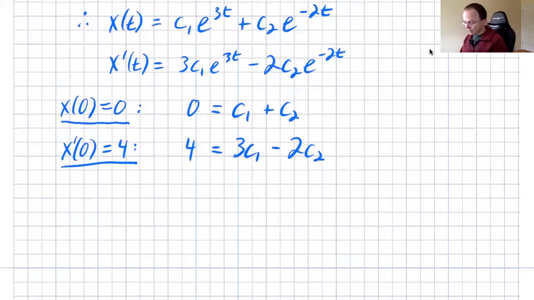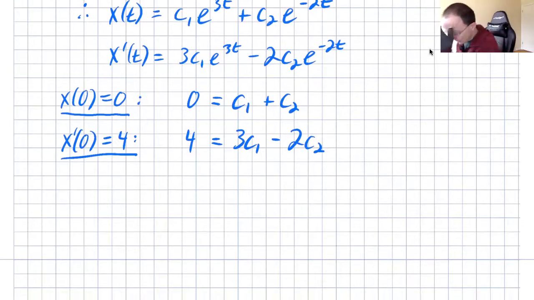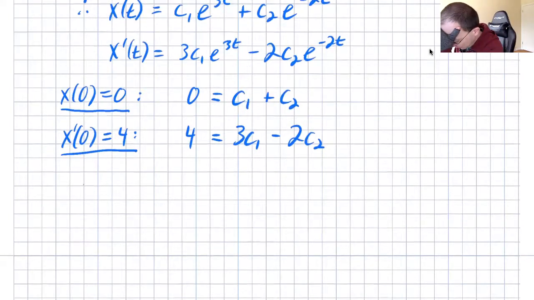Okay, so now we have this linear system that we need to solve for C1 and C2. It's just a 2 by 2 linear system. So let's use Cramer's rule in order to solve it. So Cramer's rule says that C1 is equal to, so what's the matrix first of all? So it's 1, 3, 1, minus 2.